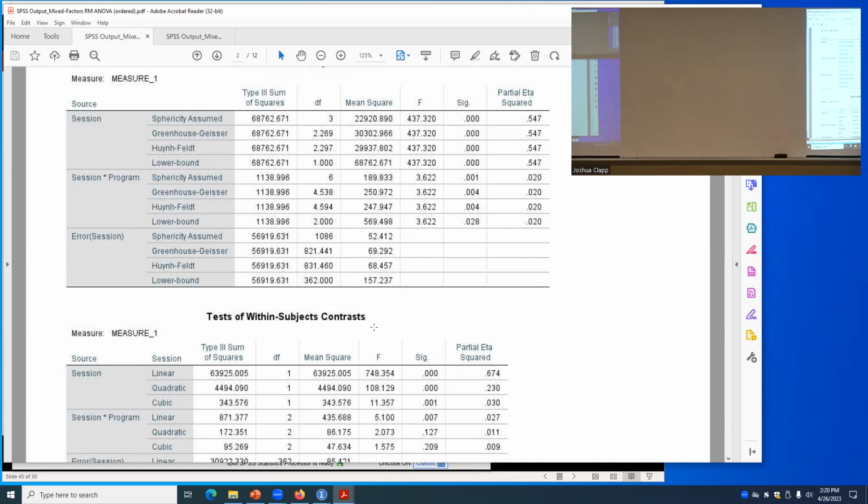So we don't have the same mean value across repeated assessments, but that main effect of session is modified by program, meaning that the treatment program that people are in changes in some way that pattern of means across repeated assessments. We have some decent evidence for that there. Any questions about what these effects mean conceptually?